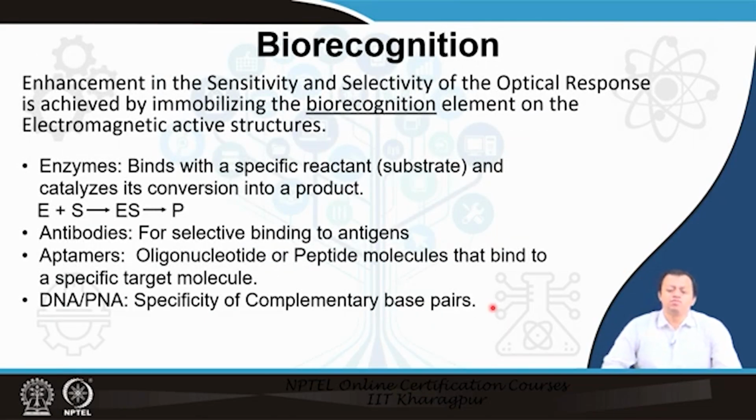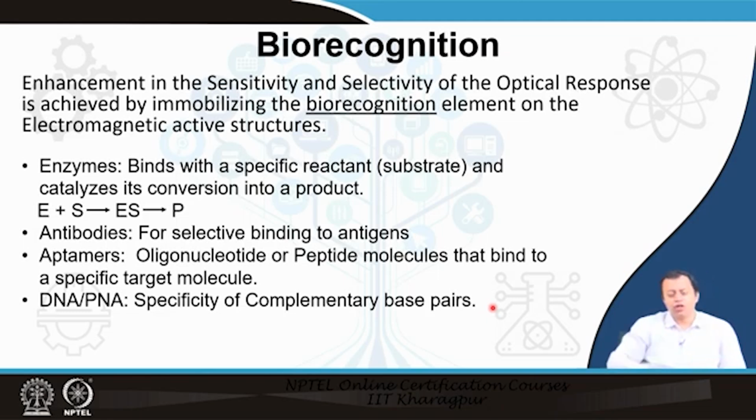So, let us come to this biorecognition part. How exactly do we specify? The crux of any sensor, biosensors included, depends on this specificity. How do you ascertain that your pulse oximeter is only detecting oxygen, or your home pregnancy detection kit will only detect those pregnancy hormones and not other hormones?